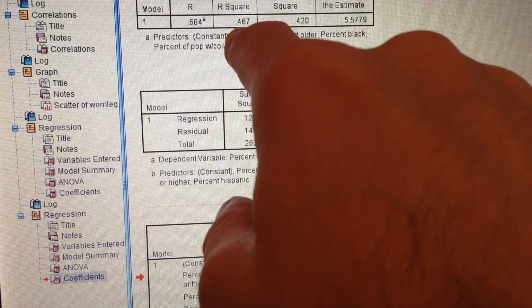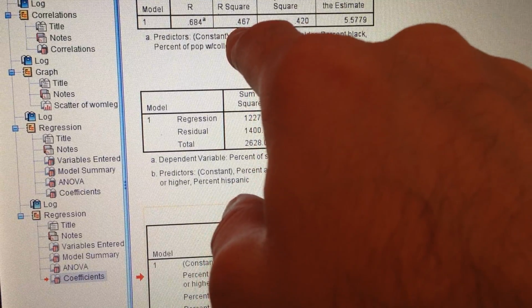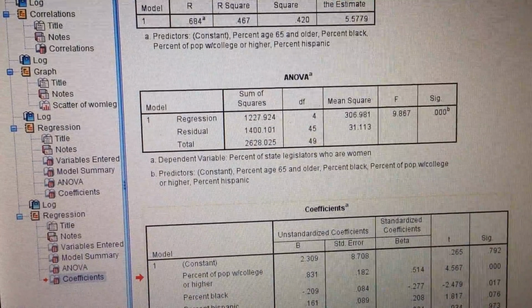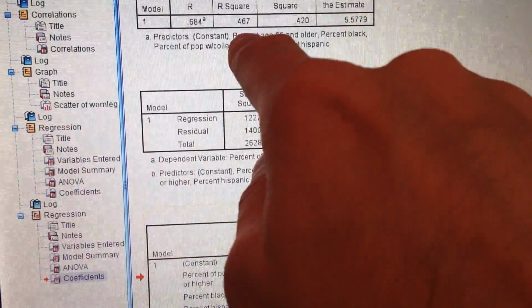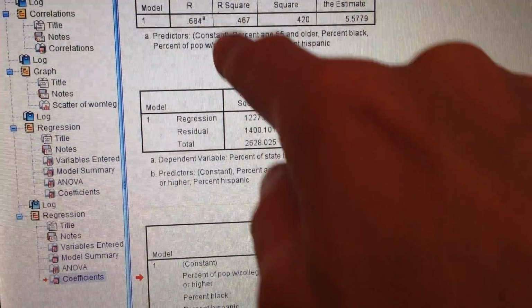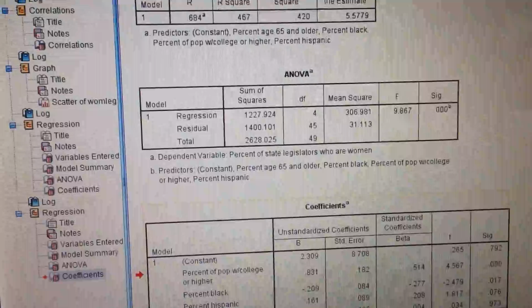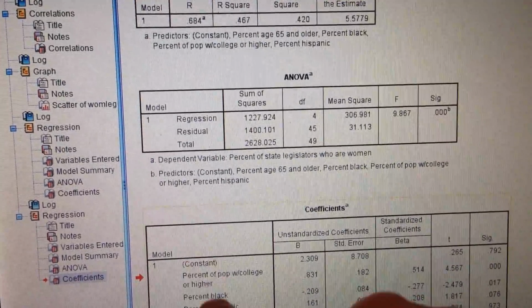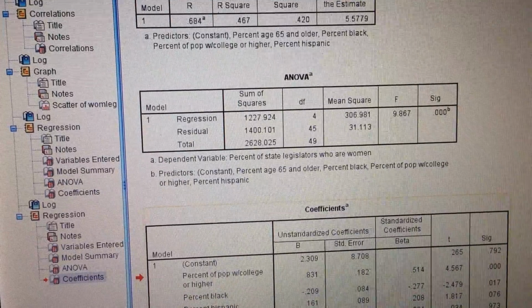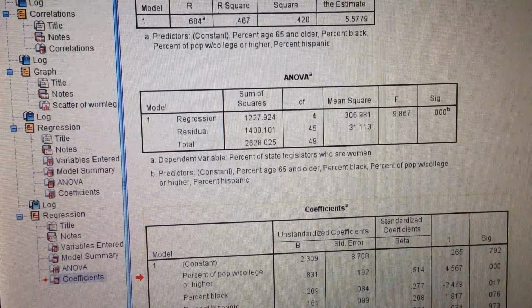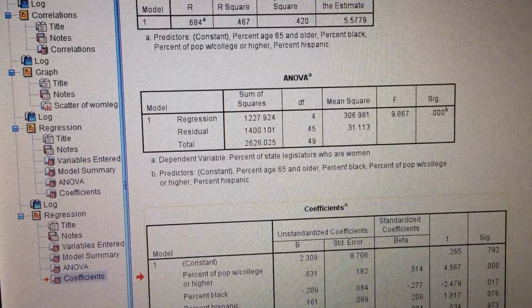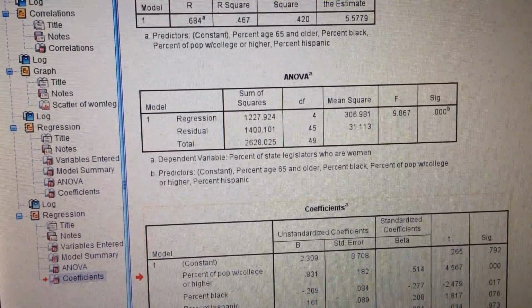These 4 factors explain 46% of the outcome of the dependent variable. If we know these 4 variables, we know 46% of all there is to know in what makes up the percentage of state legislators who are female.